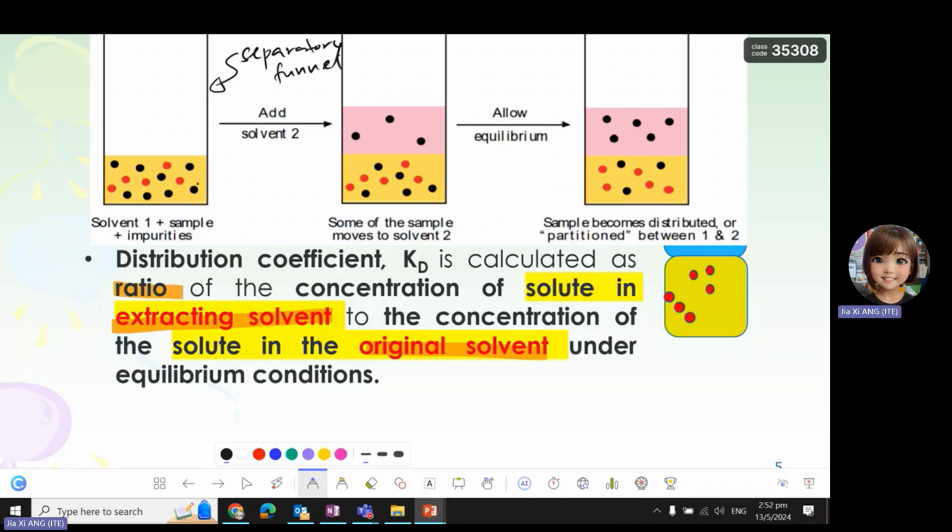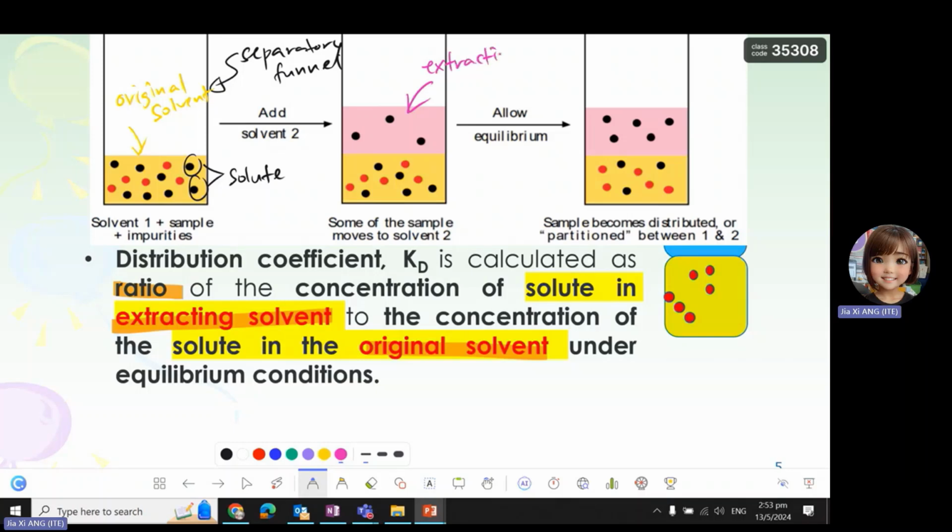At first, what we have is the black color particles being the solute, and they are found in the yellow color original solvent. We just concentrate on the solute, which is the black color particles, and we want to extract the solute using fresh extracting solvent.